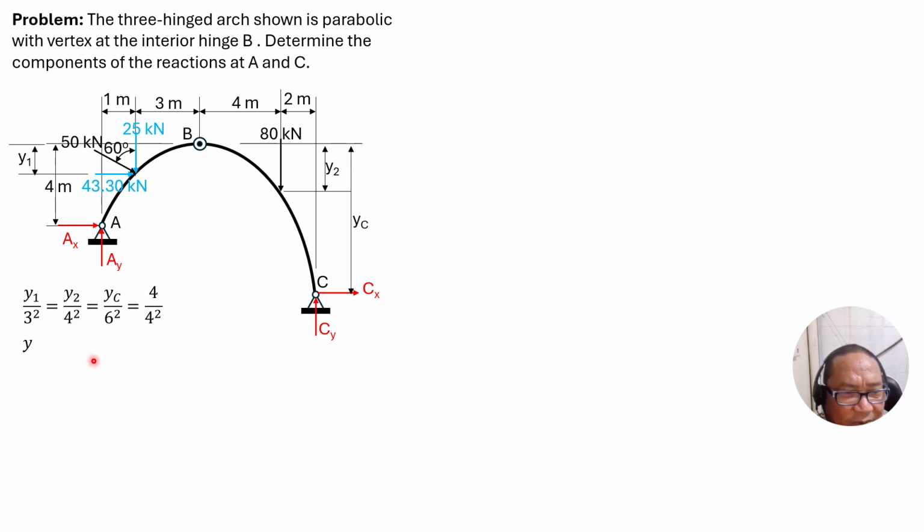So y1 is equal to 2.25 meters, y2 is 4 meters, and y sub C is 9 meters.